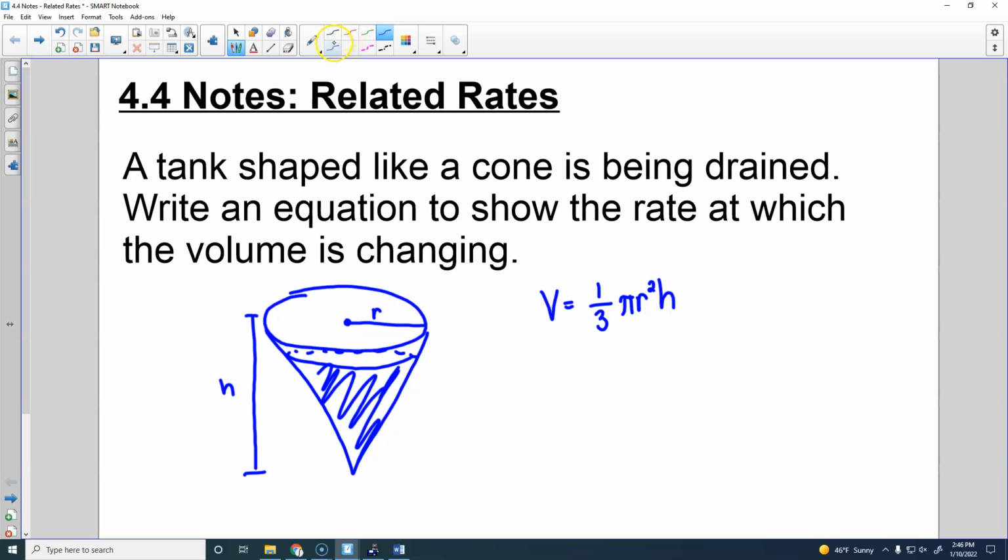So if I have water in the cup right here, and I'm thinking about the height of this water, is the height of that water going to change at a constant rate?